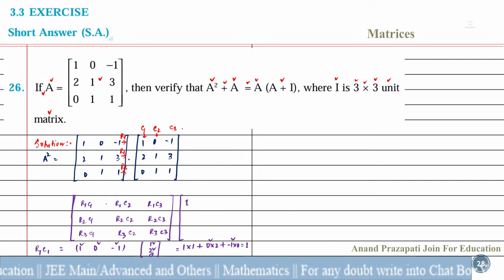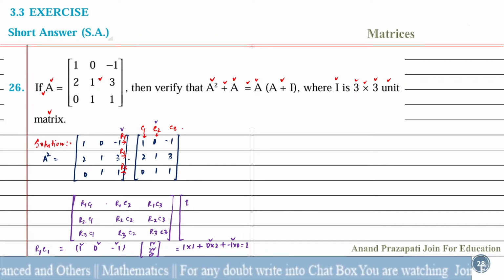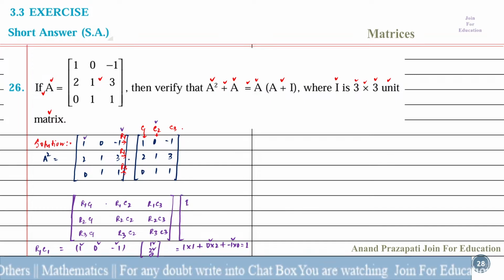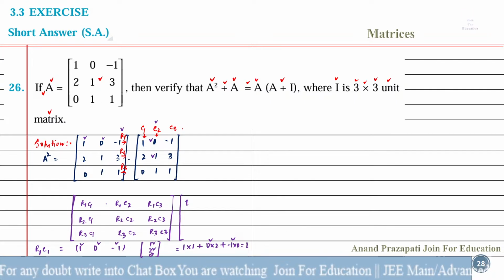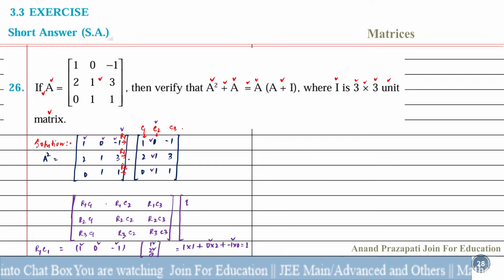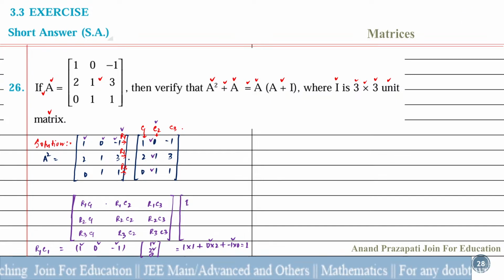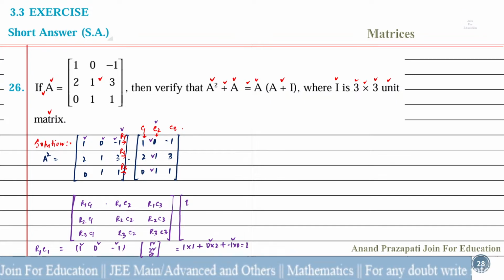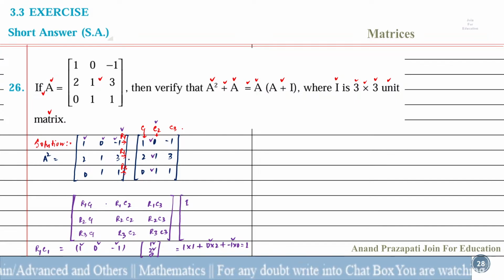Similarly, R1 C2, it means that 1 into 0, 0 into 1, and minus 1 into 1. After that we add these multiplications: 1 into 0 equal to 0, 0 into 1 equal to 0, and minus 1 into 1 equal to minus 1.